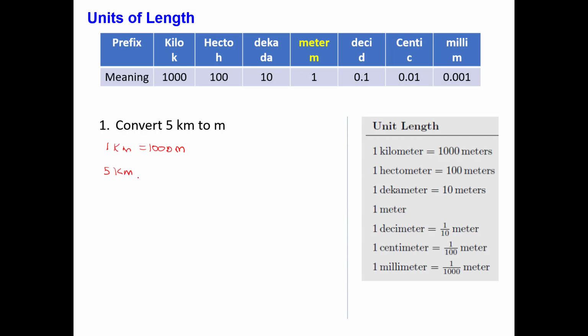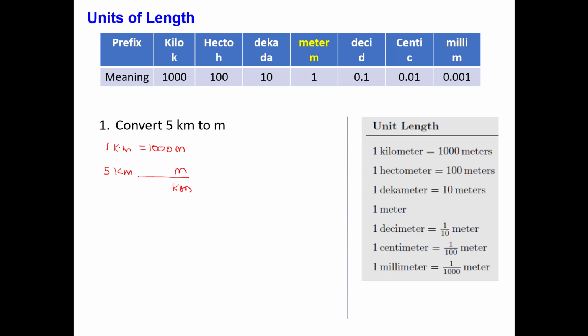And we learned last time, if we want to convert into meters, the unit we want is meters, and the unit we don't want is kilometers. We need to cancel out that unit, and we need to write the unit conversion factor in this way, because in that way the kilometers cancel out.